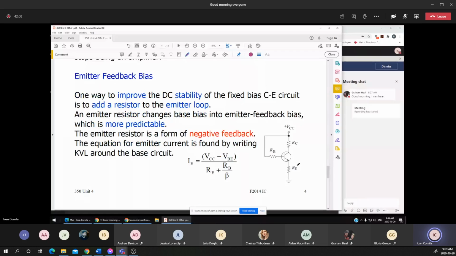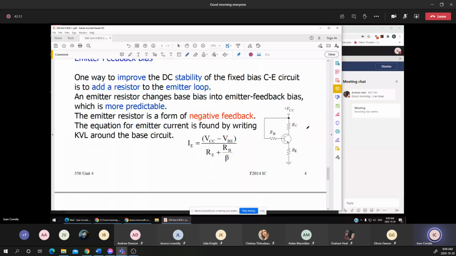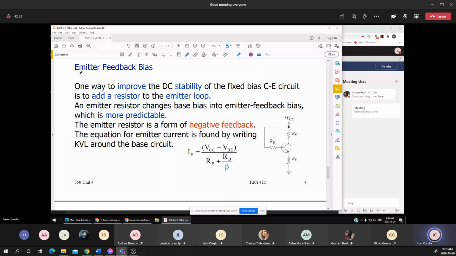You notice that using the same circuit, to compensate that change in beta, or change in the VCE, a small resistor, usually few hundreds or few tenths of ohms, is connected into the emitter of the transistor, which makes an emitter feedback bias.